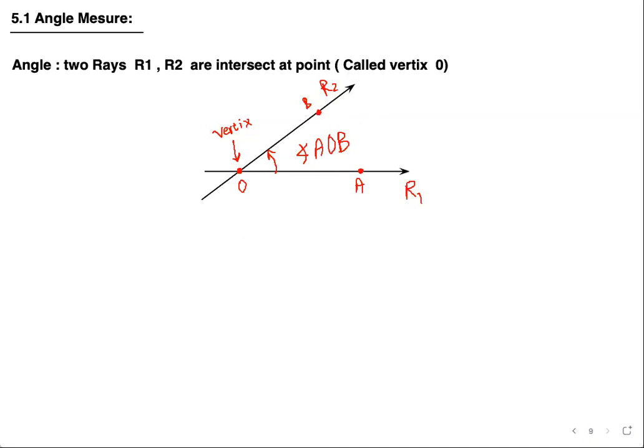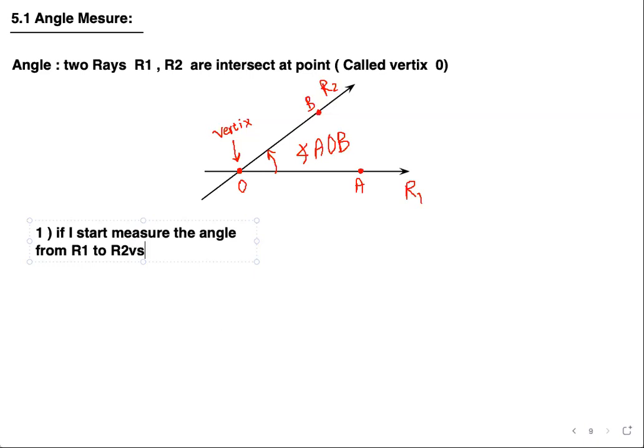Also, you should know the definition or the meaning of initial side and terminal side. So here are some notes. These notes will help you during this section. So the first one, if I start measuring the angle from R1 to R2, this is my R1, this is my R2.